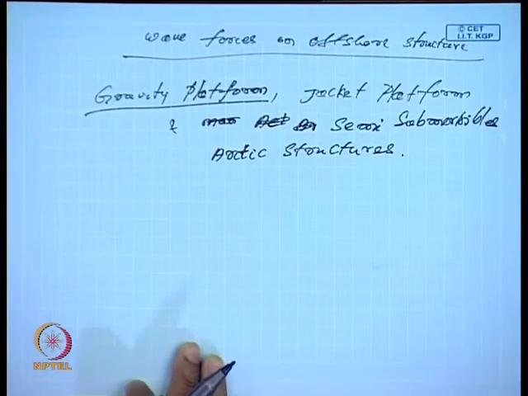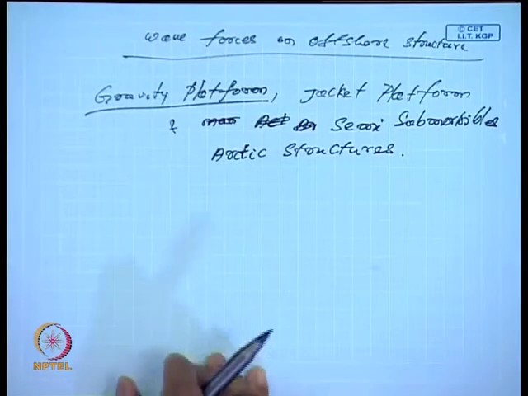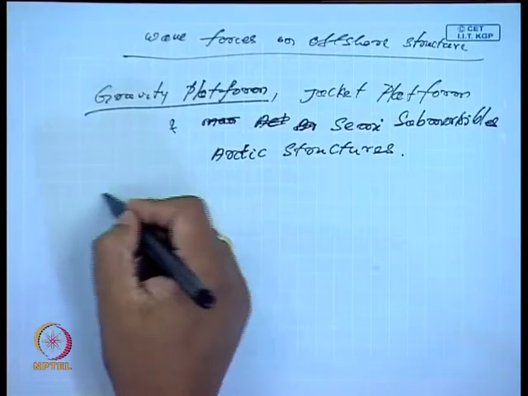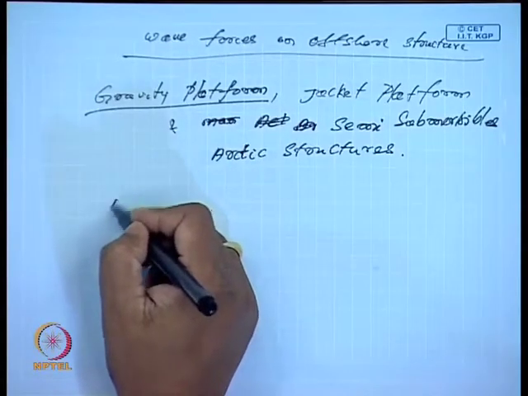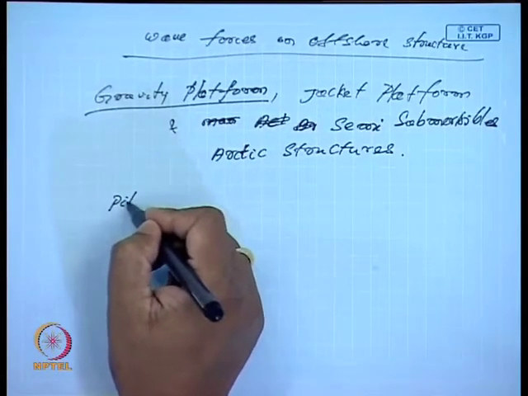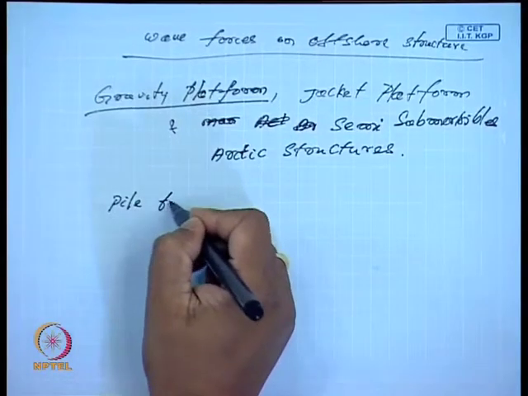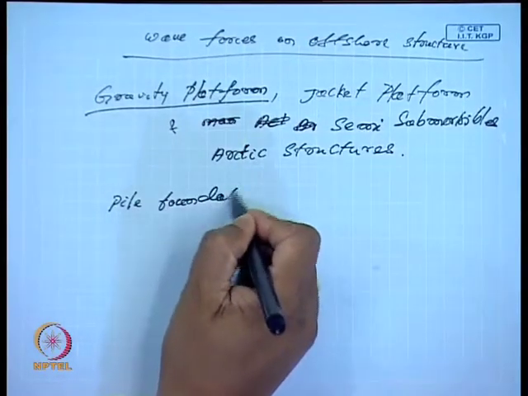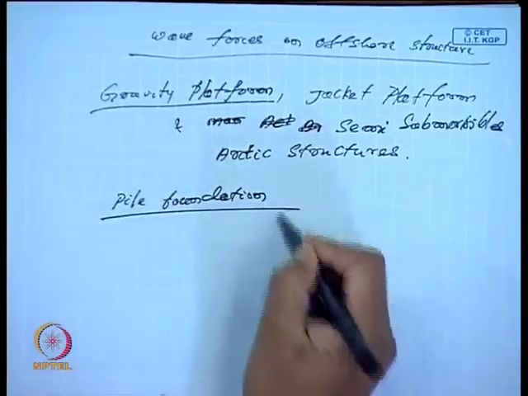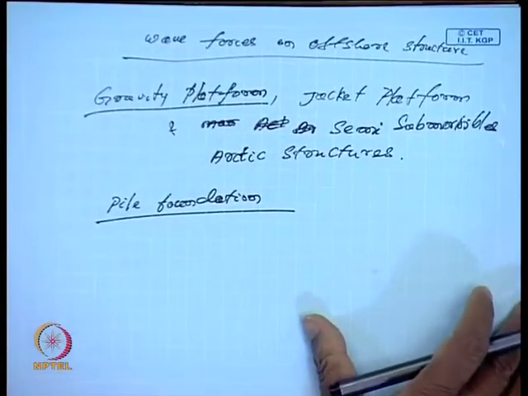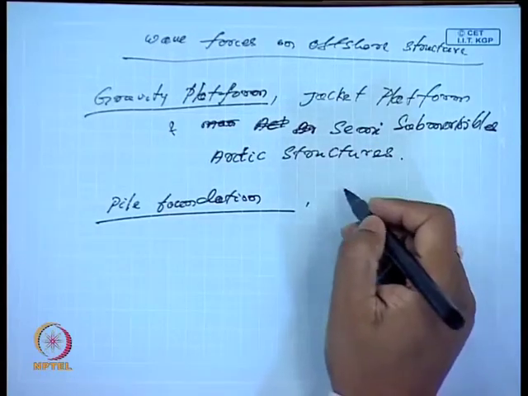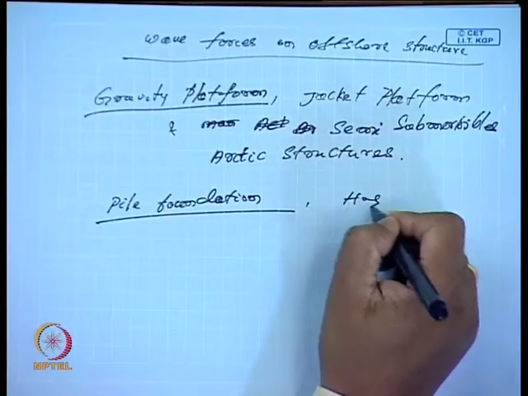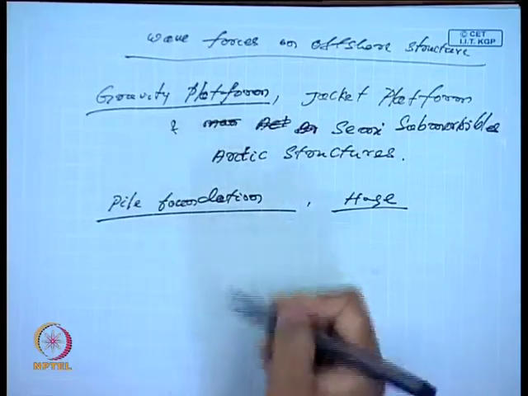So, for these offshore structures, there are two kinds of foundation. Sometimes large structures have a pile foundation: a large number of thin piles on which the structure is based. Sometimes they are gravity based, and in gravity based structures, the structures are huge and may be cylindrical.